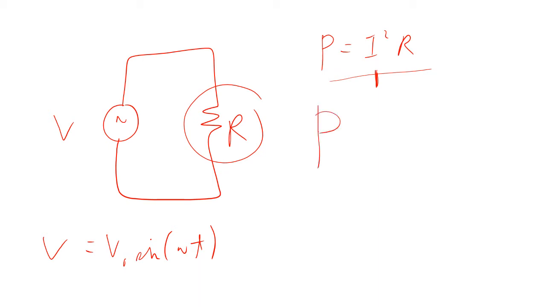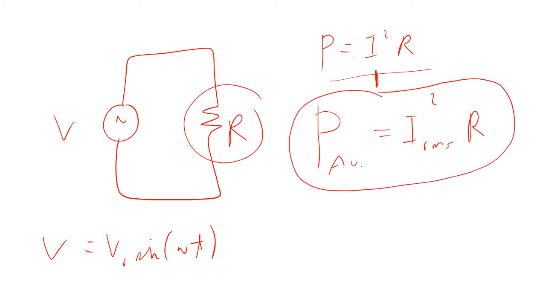And this is where we would say that the average power dissipated, the P average, is going to be equal to the I RMS squared times R. If you remember, that makes sense because of how we defined RMS, which is the root mean square.